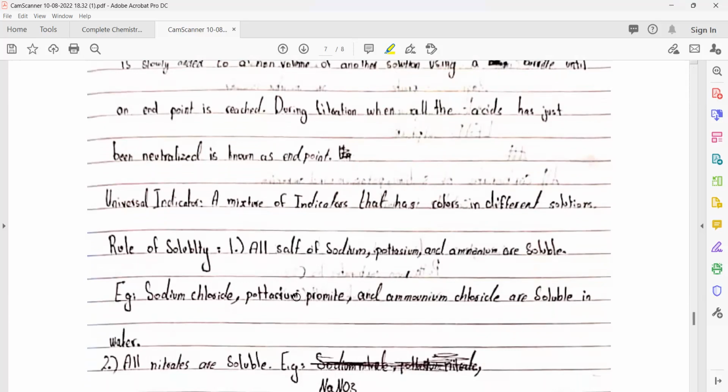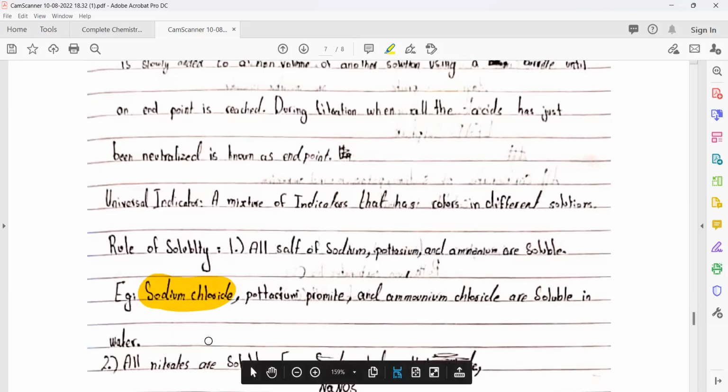This is solubility. You know very well. For example, you take a pinch of salt and try to dissolve it in water. If you can't find anything in the water, it means it is soluble. For example, sodium chloride, NaCl: when you dissolve it in water, you don't find NaCl. Where did it go? Because it has just dispersed in the solution.